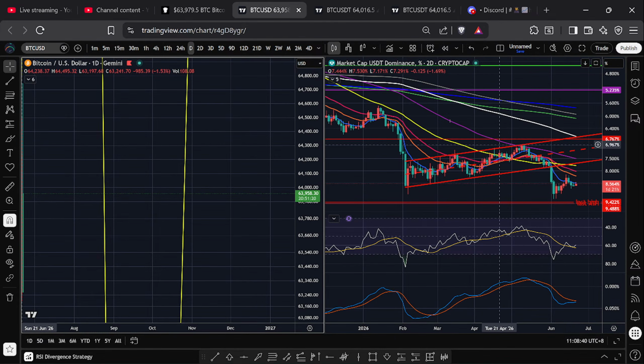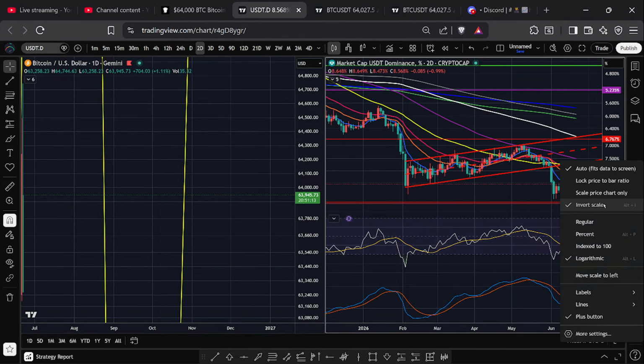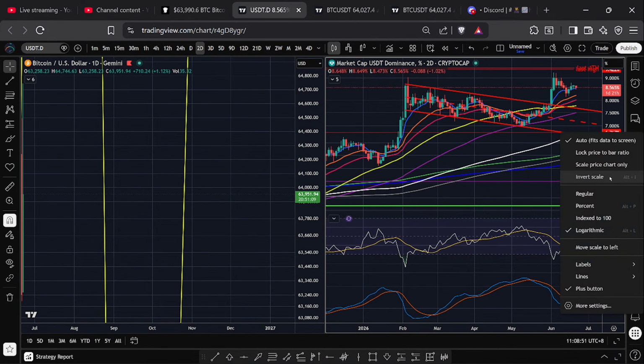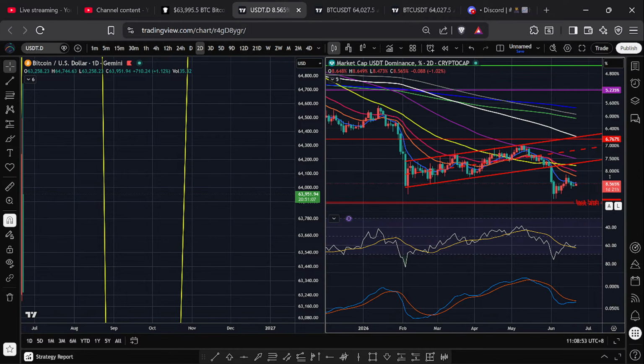Over here on the USDT dominance, have a look. I've inverted the scale, because this makes people think differently. So when you see that, it looks bullish because there's bullish divergence here. Got the low point here and the low point lower.